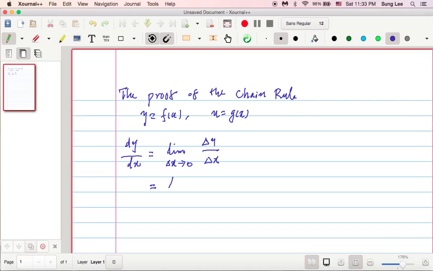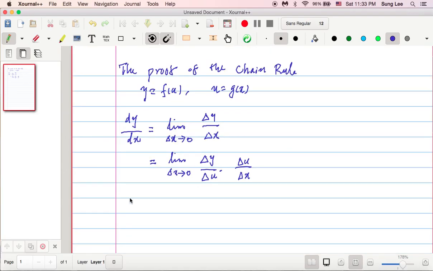So now this can be written as delta y by delta u times delta u by delta x. Okay, same thing. By canceling out the delta u, you get the same thing as delta y by delta x.